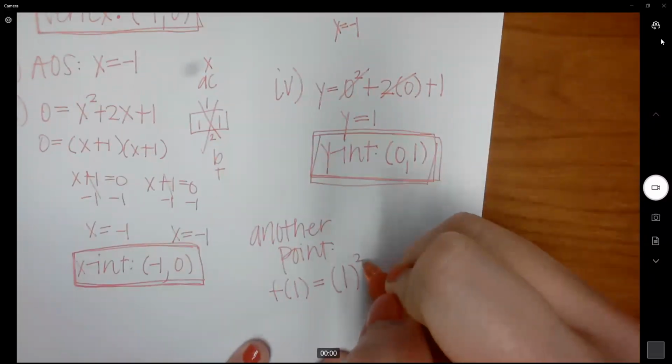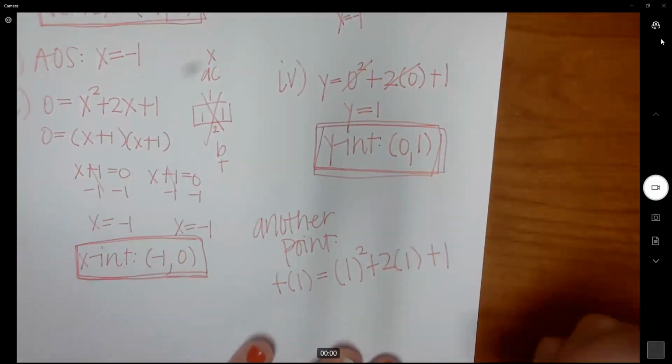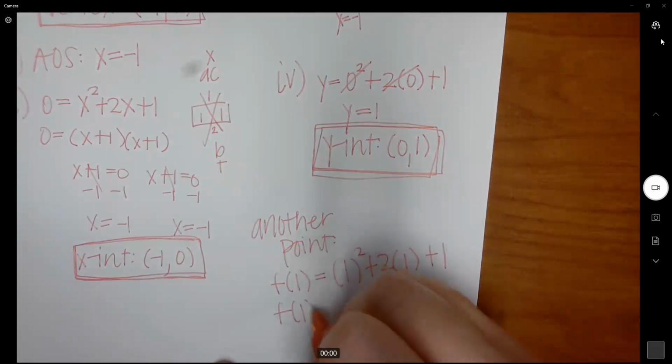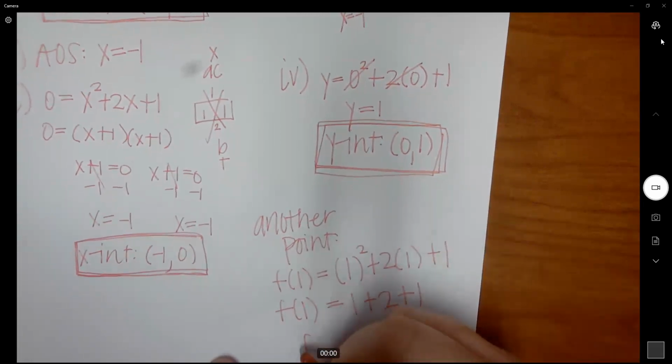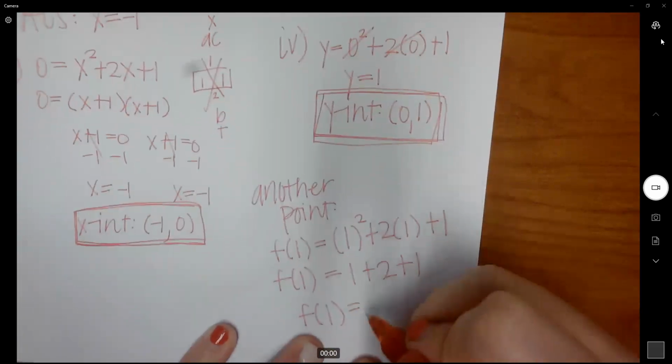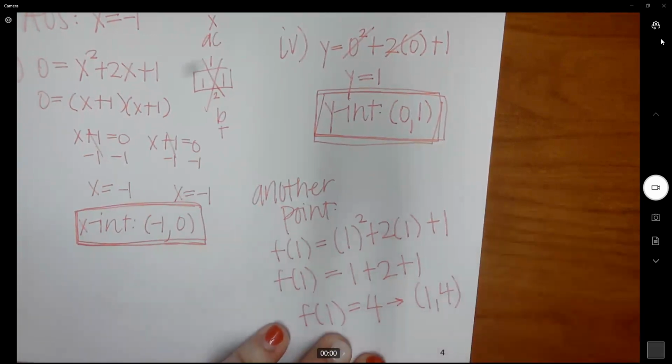So I've got 1 squared plus 2 times 1 plus 1. We've got 1 plus 2 plus 1. So f of 1 is 4, which means my next ordered pair is 1, 4.